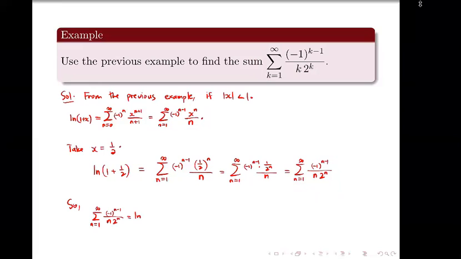This is ln of 1 plus 1 half, that's 3 halves. So this is the exact value of this sum. It's just ln of 3 halves. Okay?